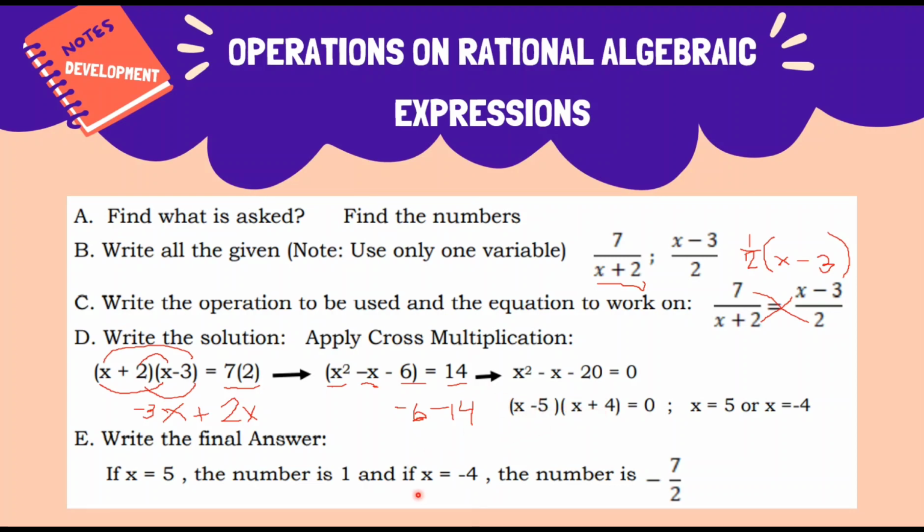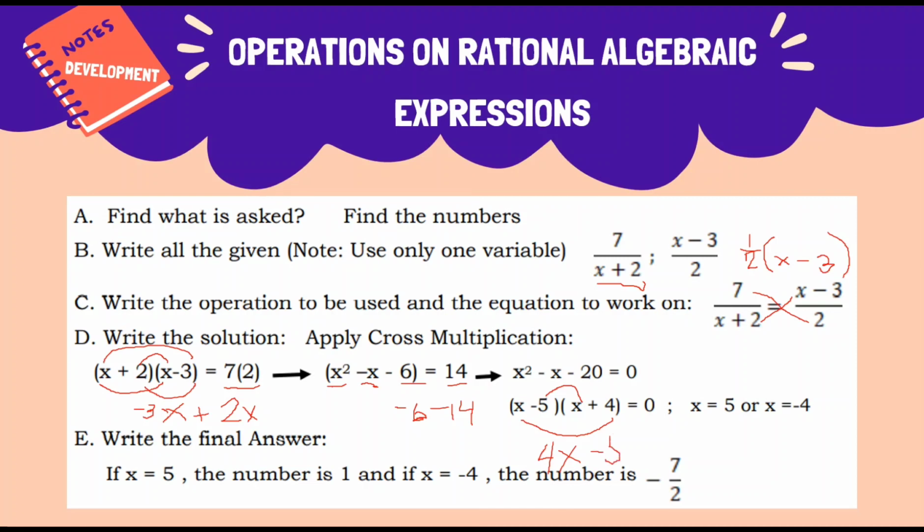So, let us check. x times x, x squared. And then let us multiply the outer terms and then the inner terms. Let us add x times 4, we have 4x. And then we have negative 5 times x, we have negative 5x.